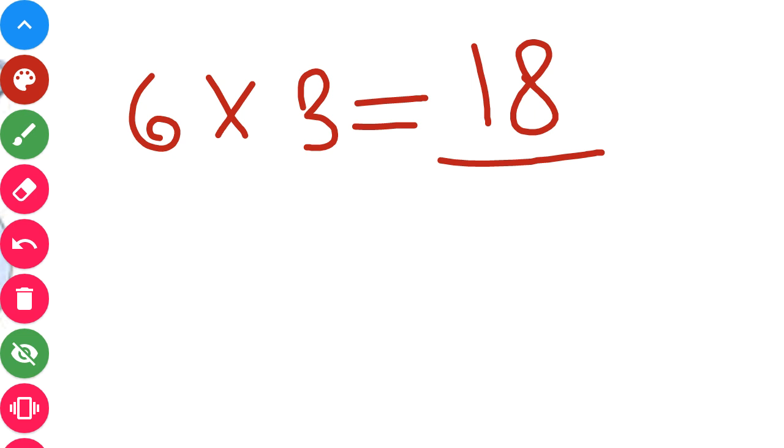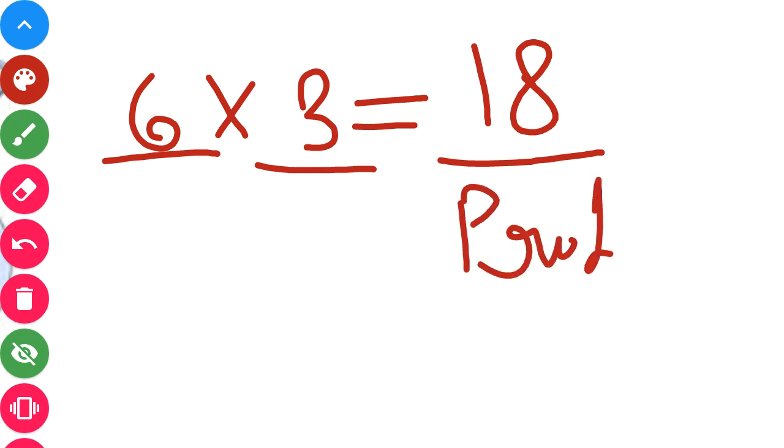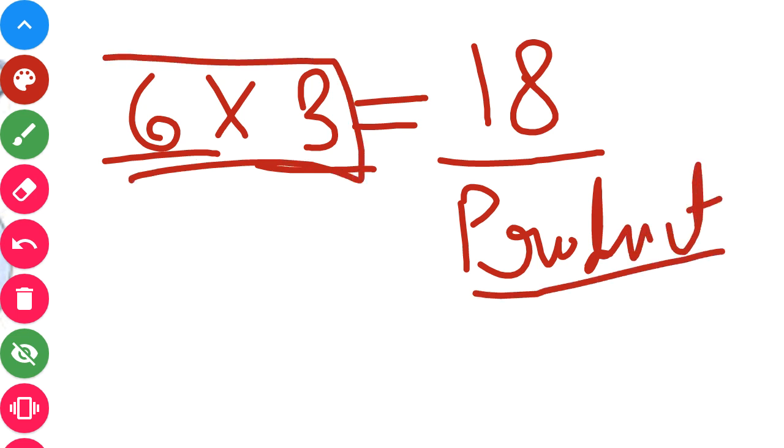Okay. So here 6 is multiplicand, 3 is multiplier, and 18 is product. Okay. So the answer of multiplication is product.